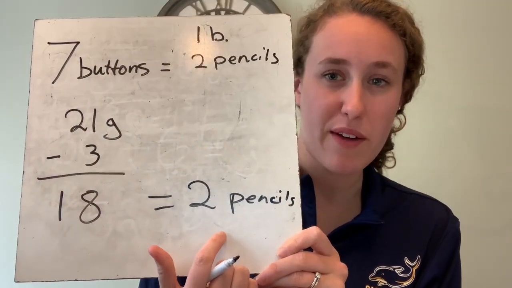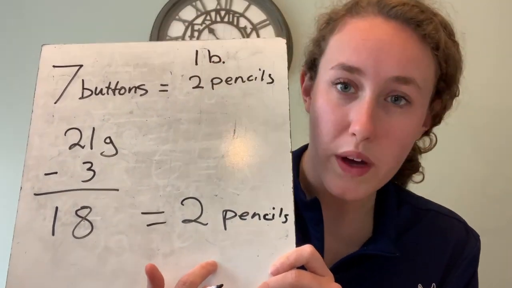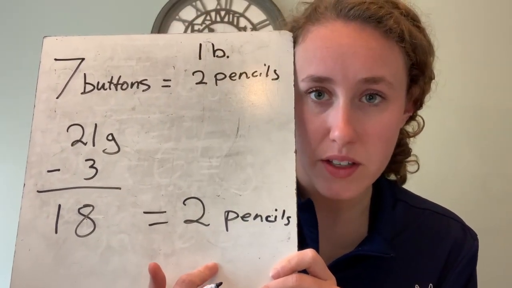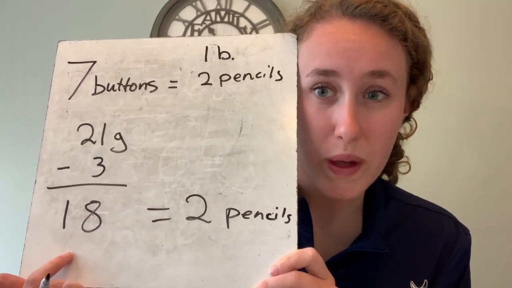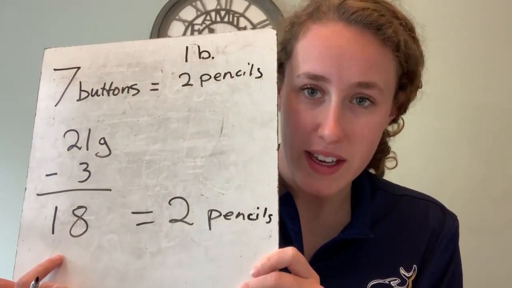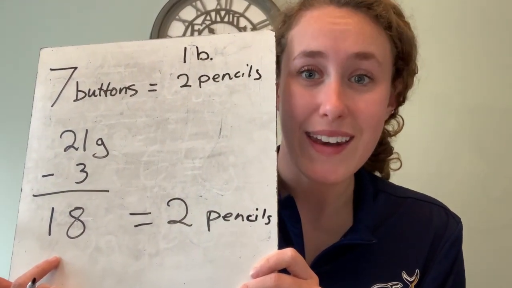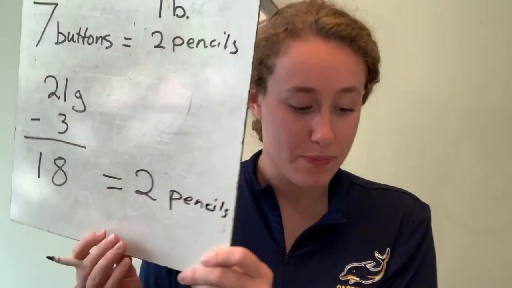On the right side, we have 2 pencils left. The question is asking us, what is the mass of 1 pencil? Well, if this is the mass of 2 pencils, we need to split this number in half. What's half of 18? 9. 18 divided by 2 is 9.